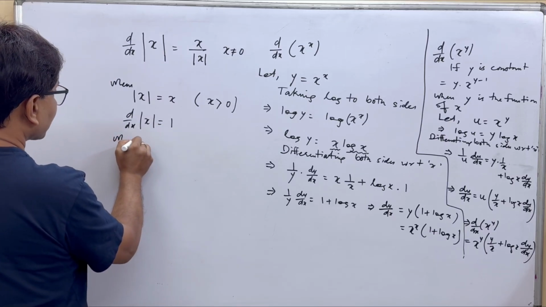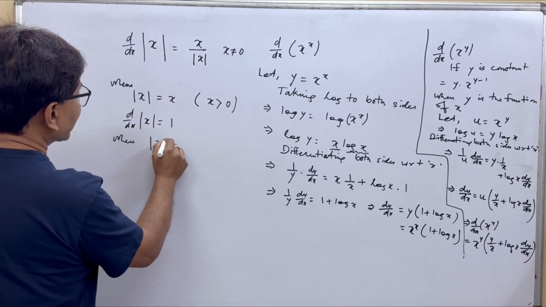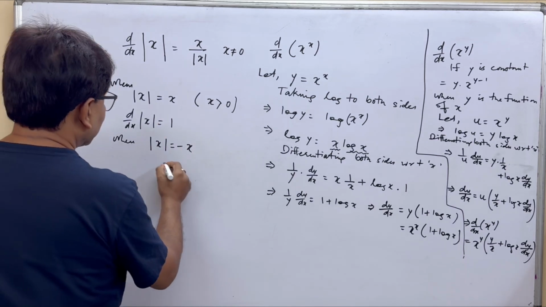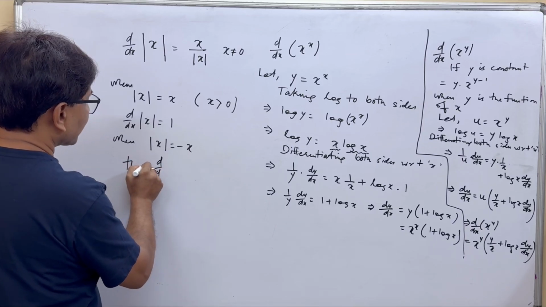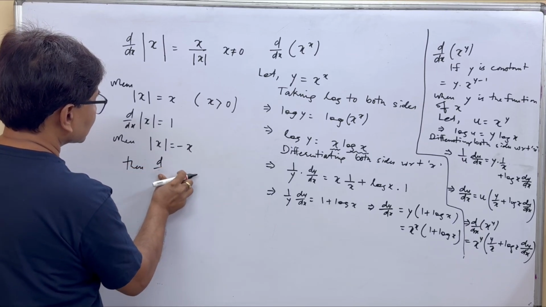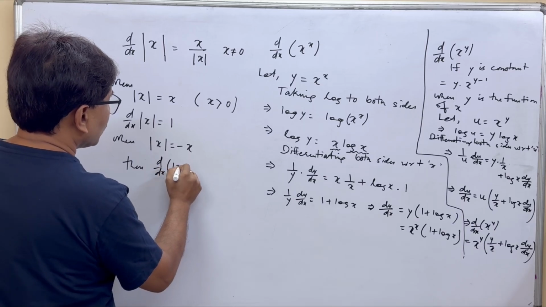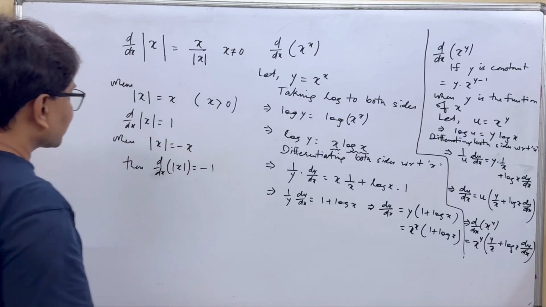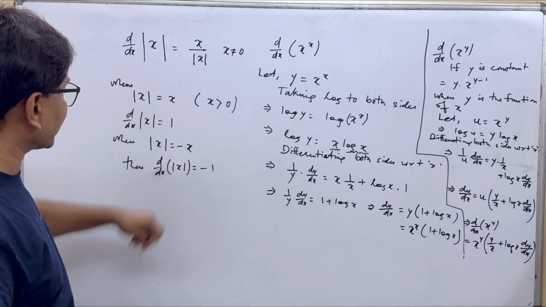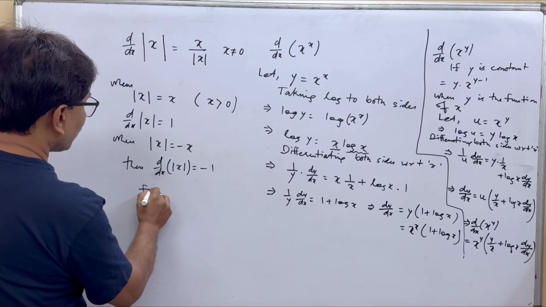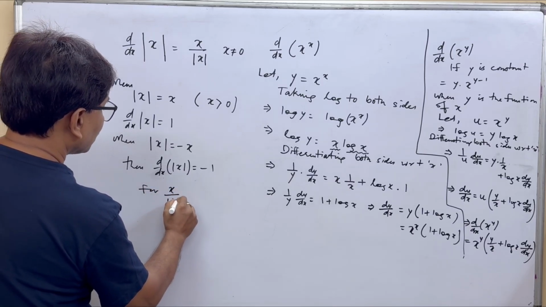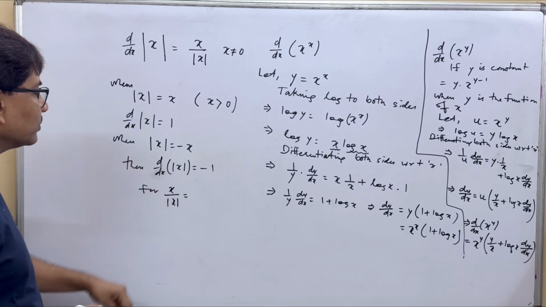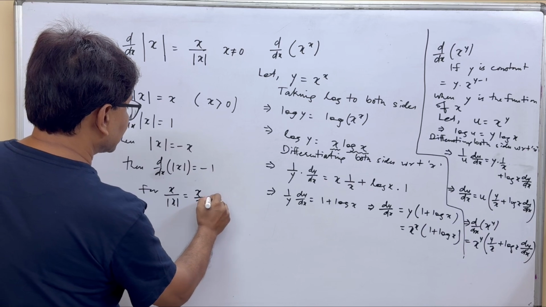But when we take mod x equals minus x, suppose we consider that, then d/dx of mod x equals minus 1. Now we have written x by mod x. Look, for x by mod x, when x is positive, x by x equals 1 only.